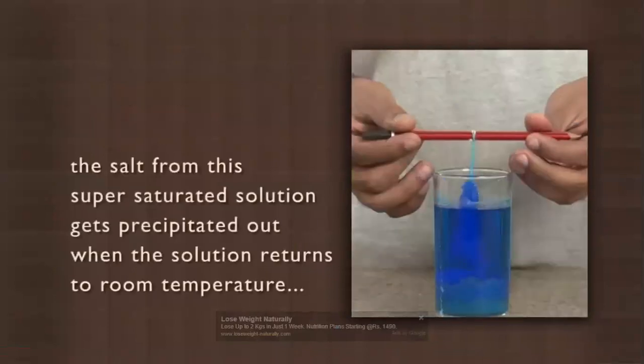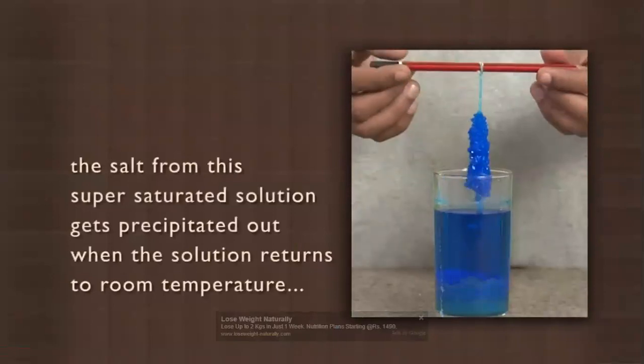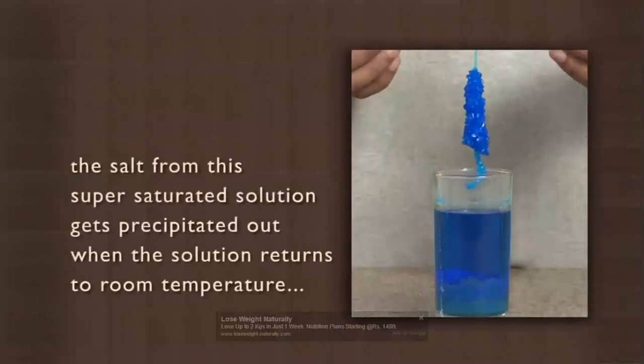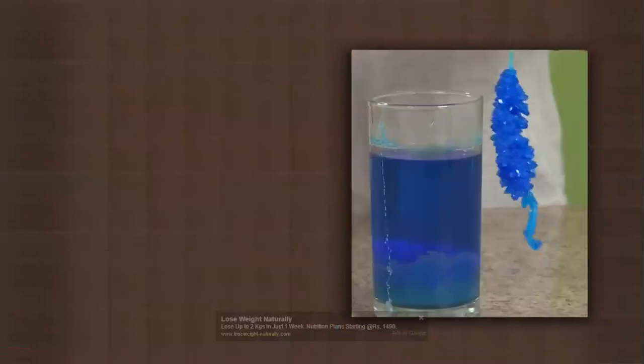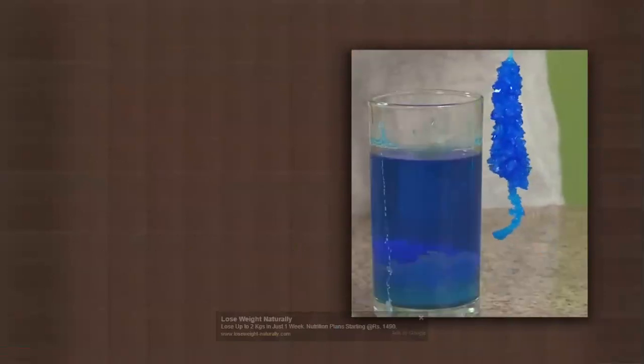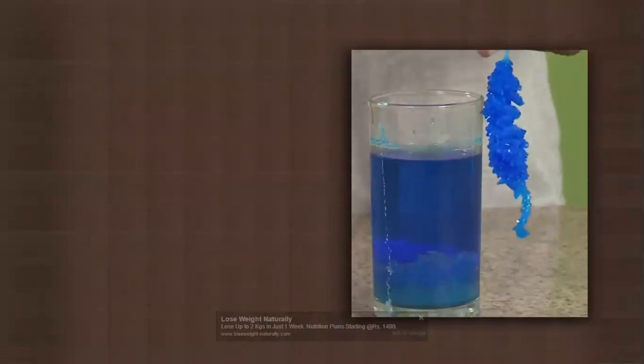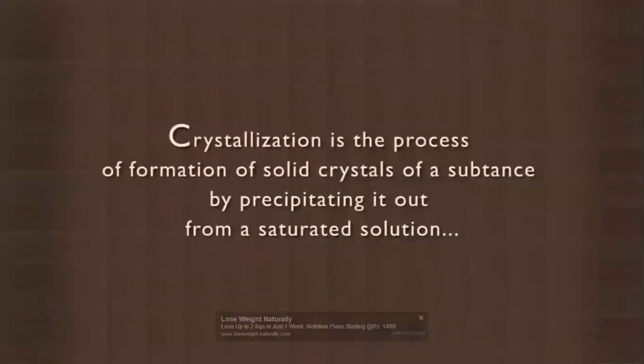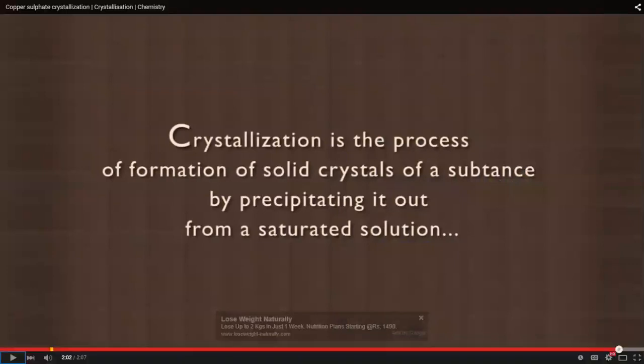The salt from this supersaturated solution gets precipitated out when the solution returns to room temperature. The salt molecules that get precipitated out start forming crystals at the nucleation center, which is the thread in this case. Crystallization is the process of formation of solid crystals of a substance by precipitating it out from a saturated solution. Please write down the definition of crystallization.